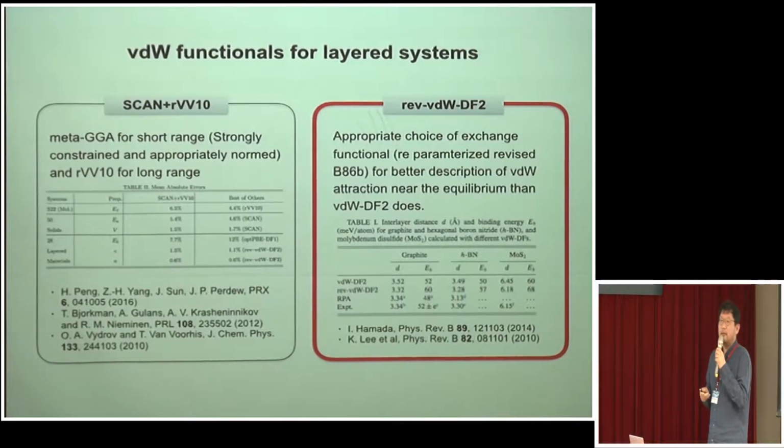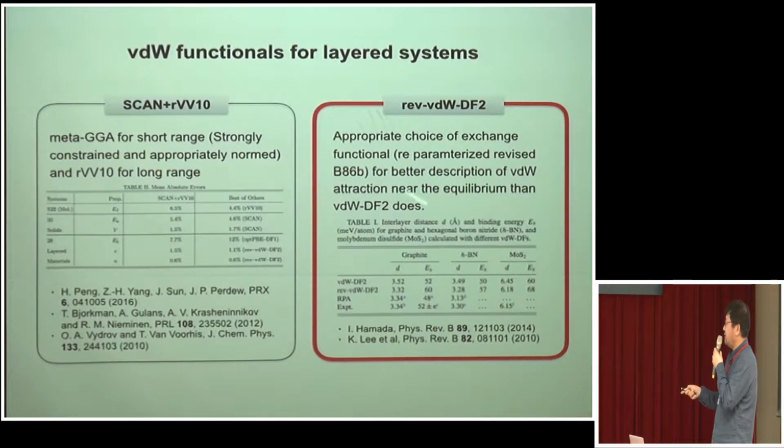As far as I know, there are two good functionals to calculate the interlayer distance and atomic structure for bilayer graphene and multilayered structures. One is the strongly constrained and appropriately normed SCAN-rVV10 approach.